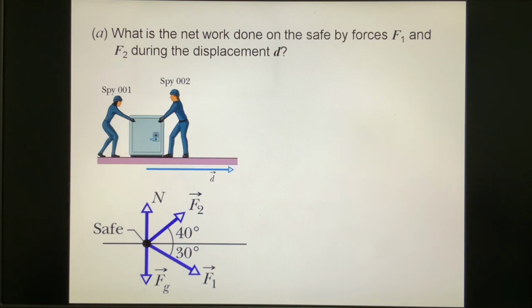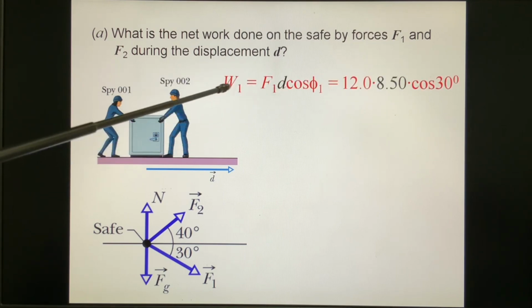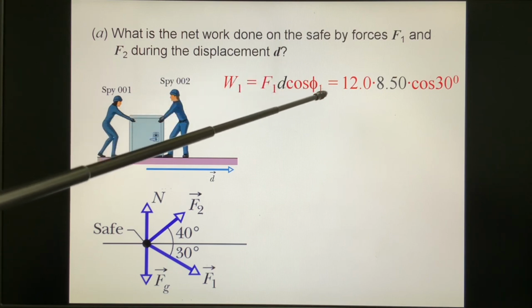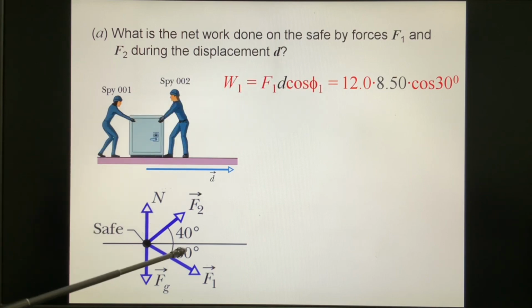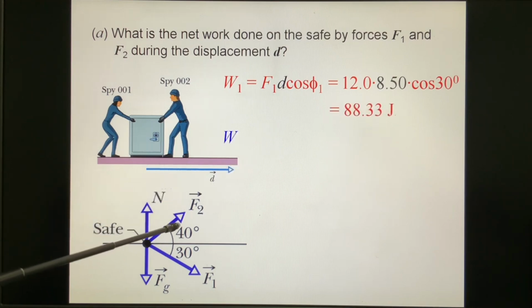The work done, let's do F1. W1 is F1 dot d, equals F1 d cosine phi 1. Here, phi 1 is the angle, 30 degrees. They are positive. This is W2.